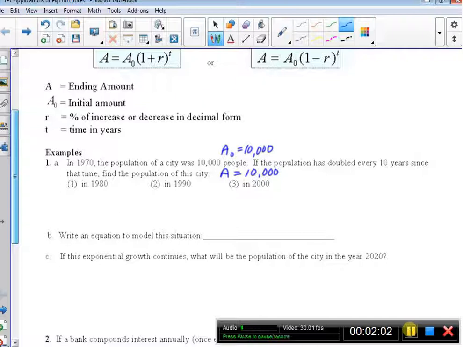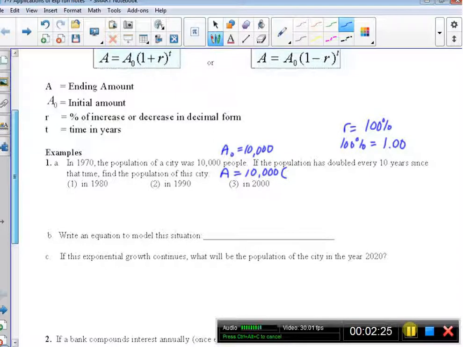So the population is currently 100%, and 100% as a decimal is 1. And then it's going to double, so the R value is going to be also 100%.